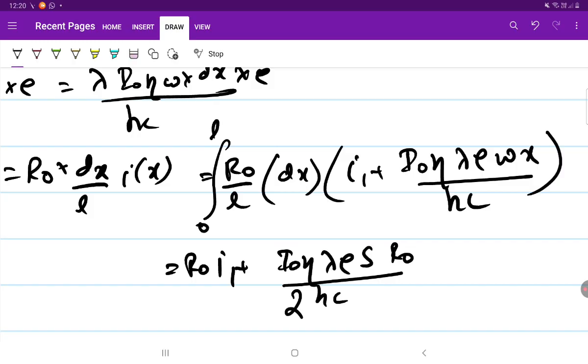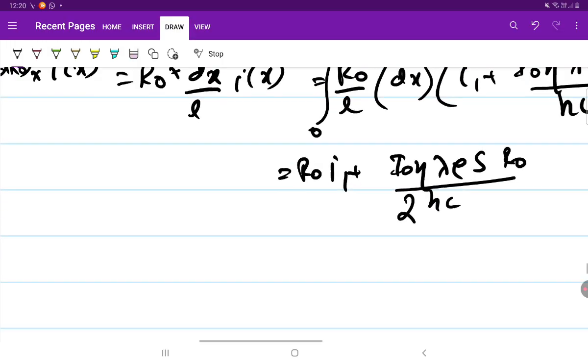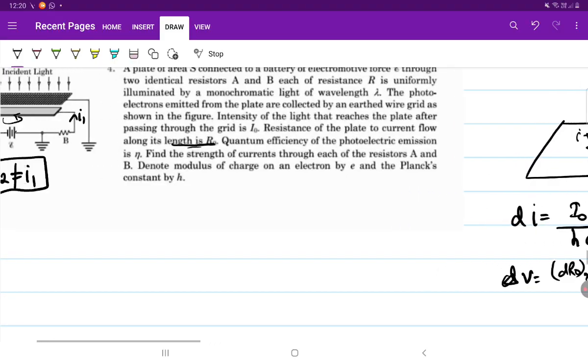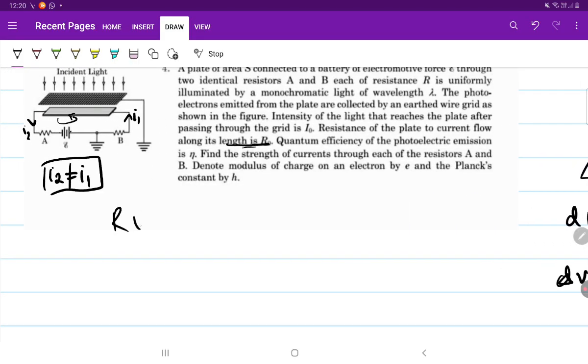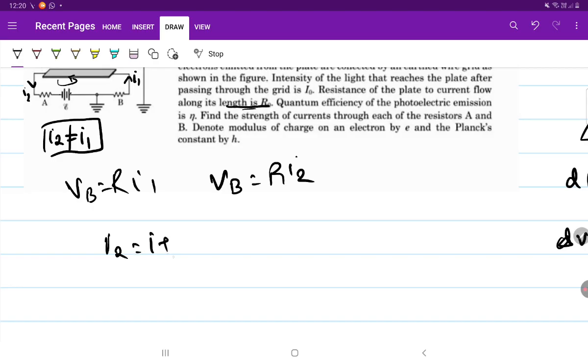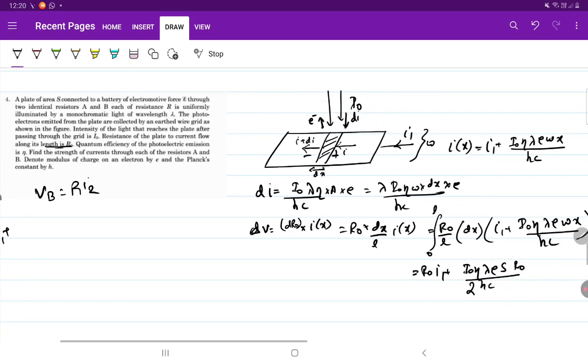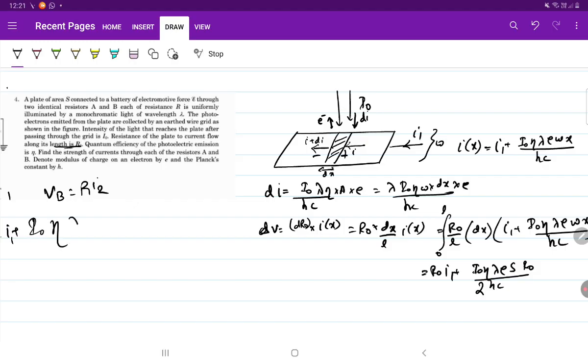Now the question is about the voltage across the resistors A and B. Across B it will be R I1, and across A it will be R I2. Now I2 is given as I1 plus I naught eta lambda e w l by hc, which is I1 plus I naught eta lambda e s by hc.